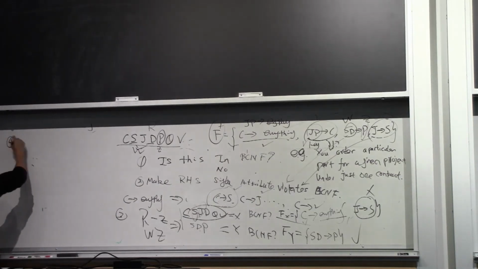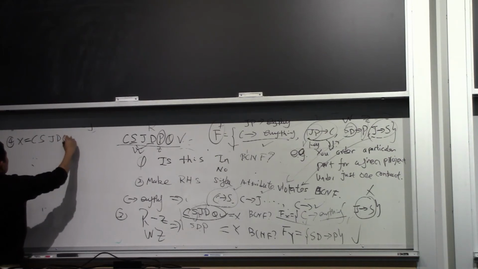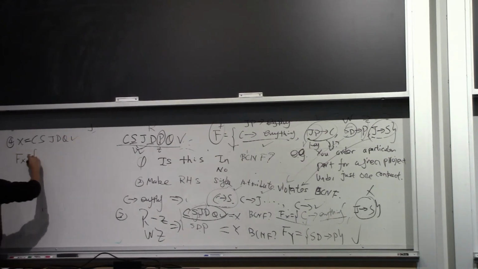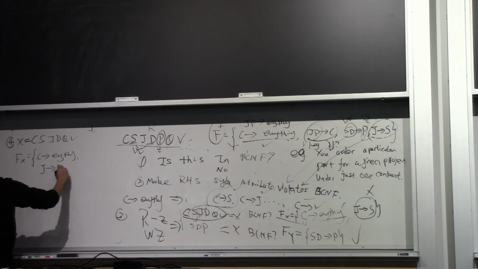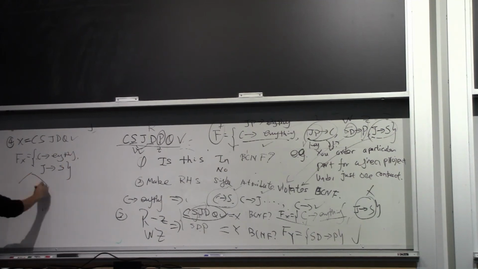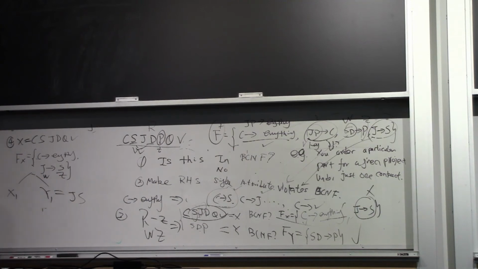I'm going to copy this. You decompose this into X1, Y1. Y1 is, this is your W, this is your Z, it's JS, WZ.